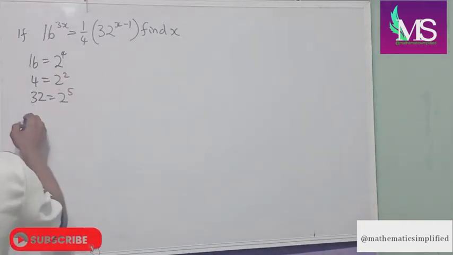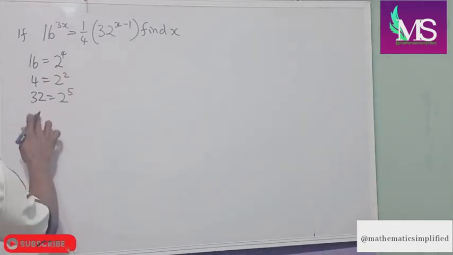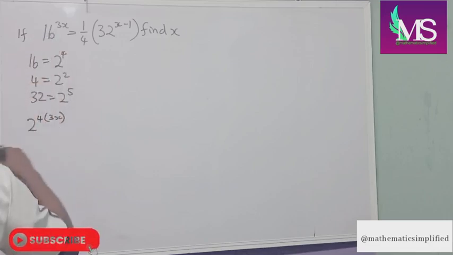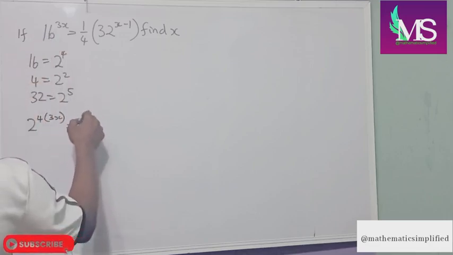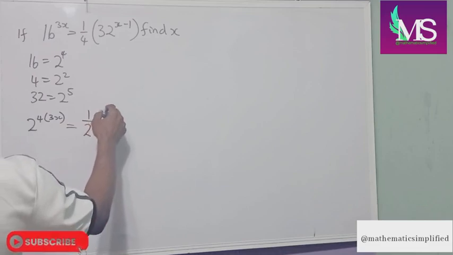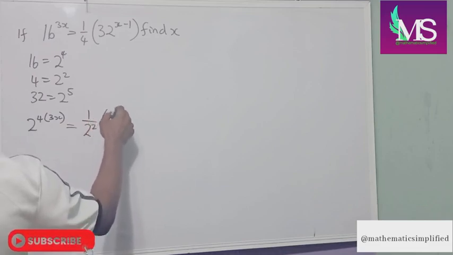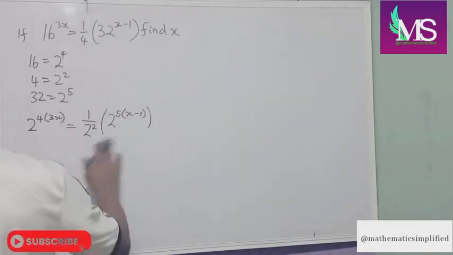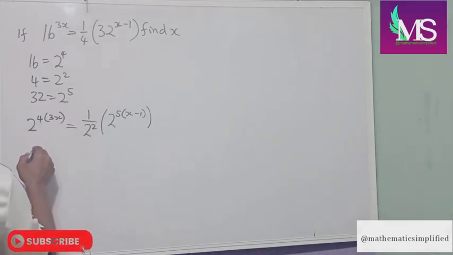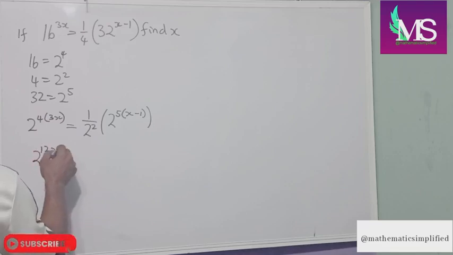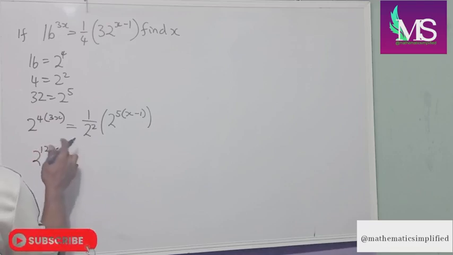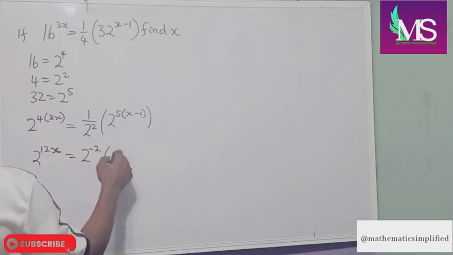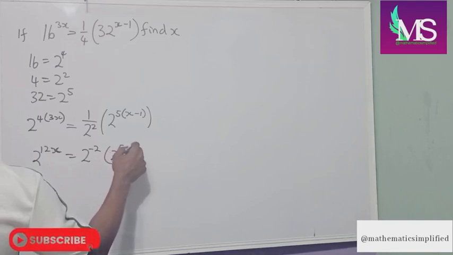So this will give us 2 raised to power 4 bracket 3x, which is for 16, equals 1 over 2 raised to power 2 times 2 raised to power 5 bracket x minus 1. Now solving out, this becomes 2 raised to power 12x equals 2 raised to power minus 2 bracket 2 raised to power 5x minus 5.